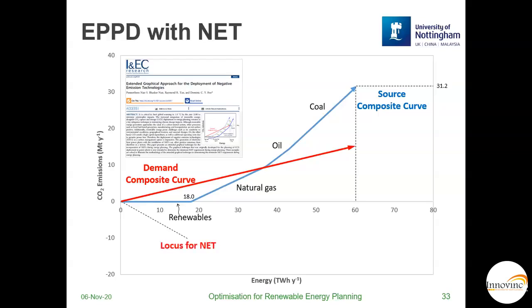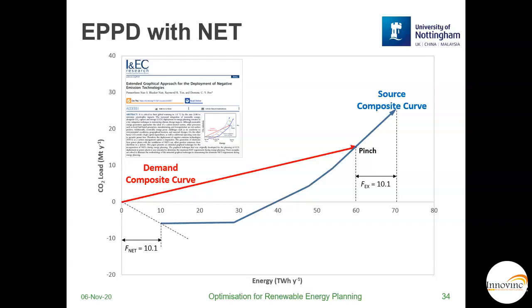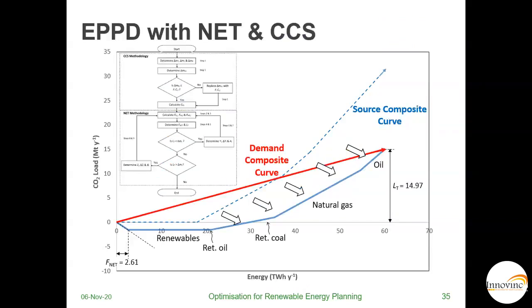So what we can do is install the CCS technology in the biomass power plant, and by doing so, we can use the same amount of renewables, but with CCS technology that will help you to reduce CO2 up to the required levels.